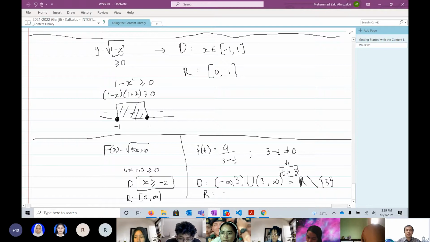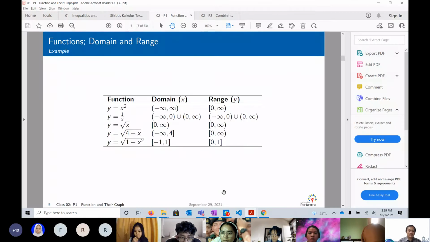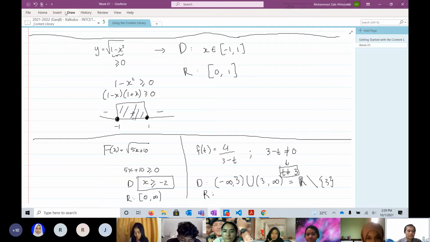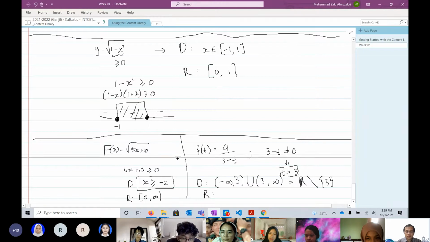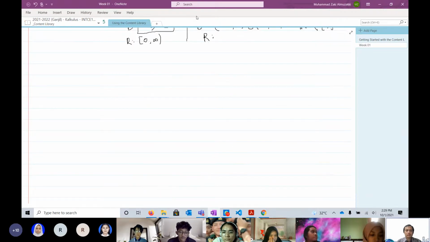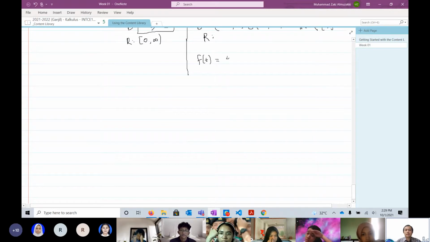So basically the range is the same as 1 over x. Why? Because, let's see. We have f of t equals 4 over 3 minus t.